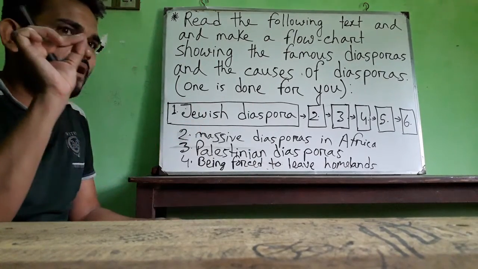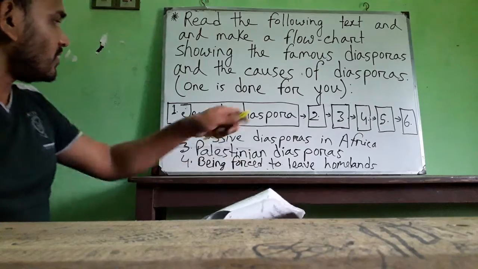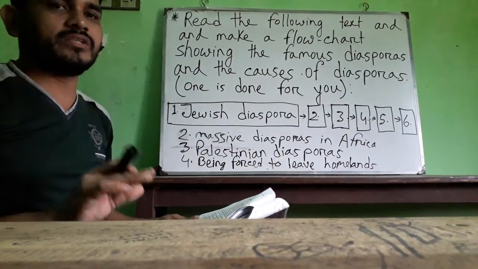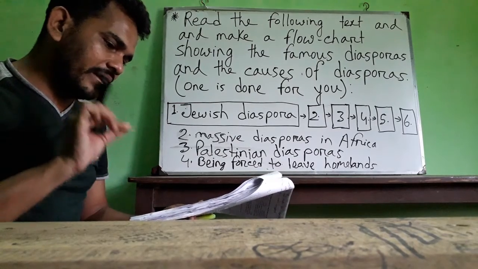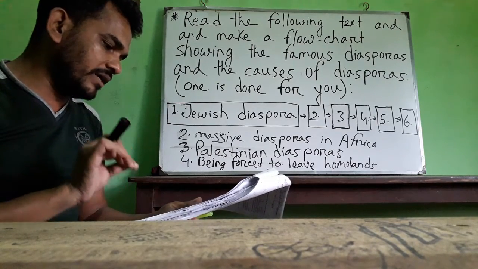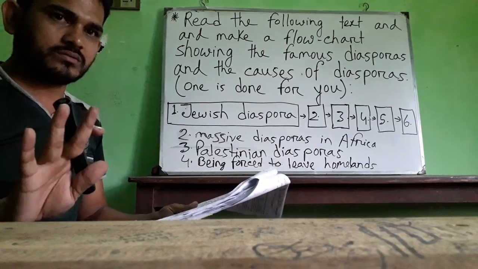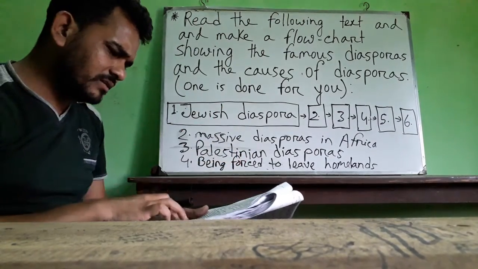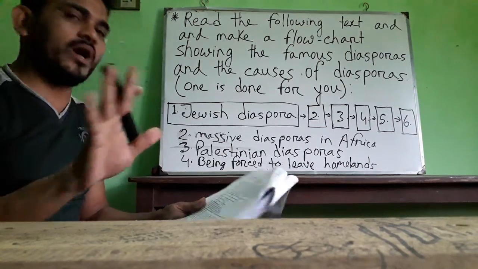So I am telling again, for box number 5, you may write the movement of Aryans from Central Europe to the Indian subcontinent, or you may write another thing, because of war.